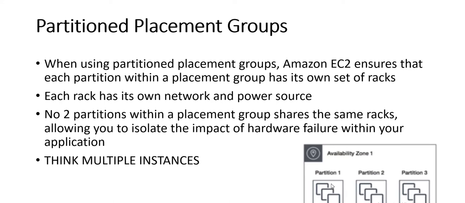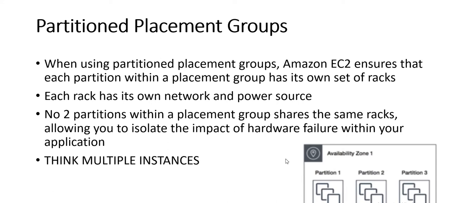When using a partition placement group, Amazon EC2 ensures that each partition within a placement group has its own set of racks. Each rack has its own network and power source. No two partitions within a placement group share the same racks, allowing you to isolate the impact of hardware failure within your application. So think of this as multiple instances within a single rack.